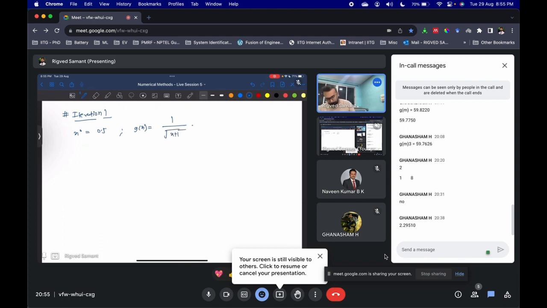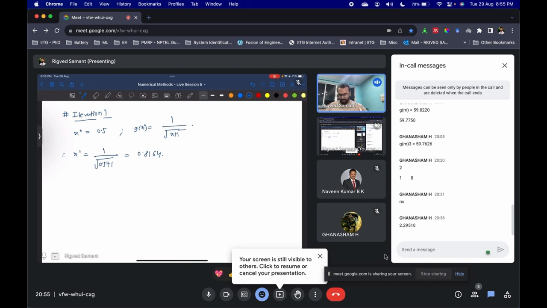Therefore x1 is equal to 1 divided by under root of 0.5 plus 1, which is 0.8165. So this is your x1, and again you will proceed.